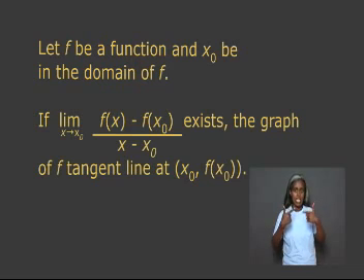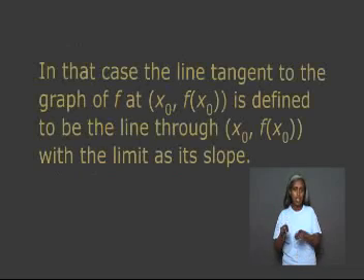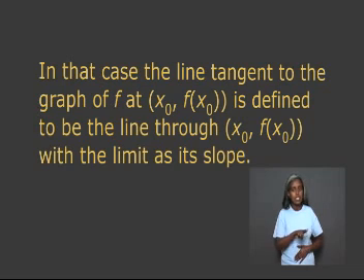If the limit of f of x minus f of x naught over x minus x naught as x approaches x naught exists, then if the graph of f has a tangent line at x naught, f of x naught, in that case, the line tangent to the graph of f at x naught, f of x naught, is defined to be the line through x naught, f of x naught, with this limit as its slope.